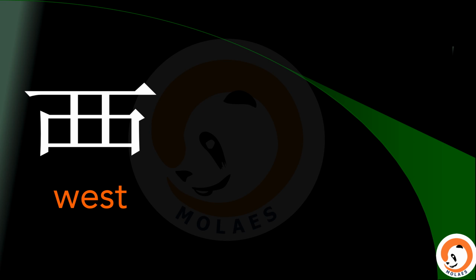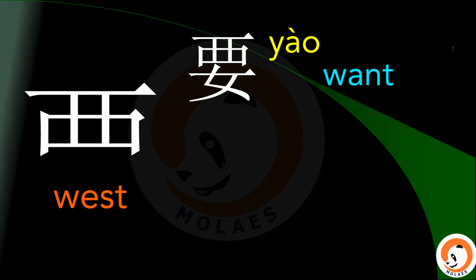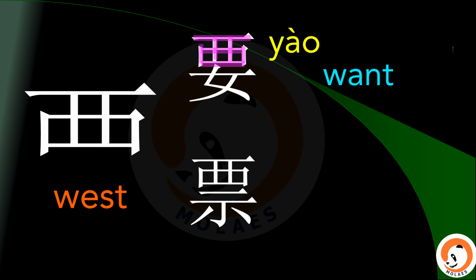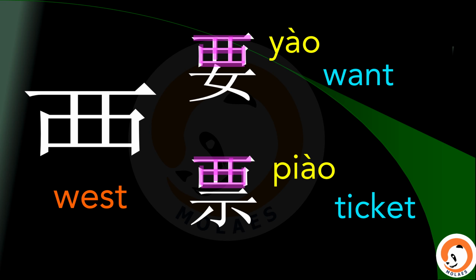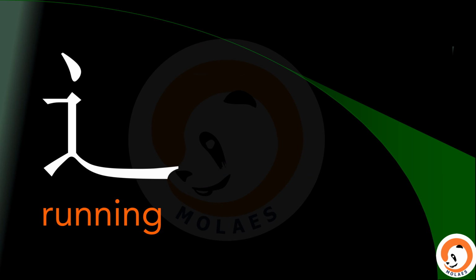Westar radical. 要 means want, the Westar radical on the top. 票, ticket, also has the Westar radical on the top. These two characters are interesting. Running radical.